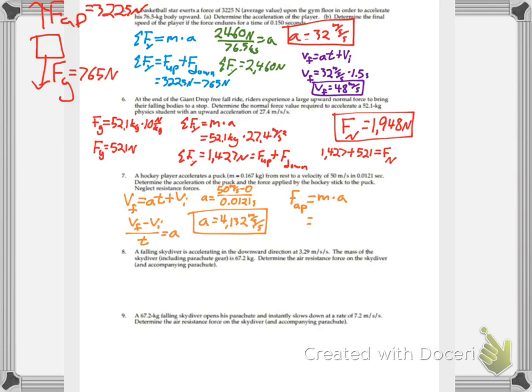We're given a mass of 0.167 kilograms, and we just found our acceleration to be 4,132 meters per second per second. By multiplying those two numbers together, we will see that a 690 Newton applied force impacted the hockey puck.